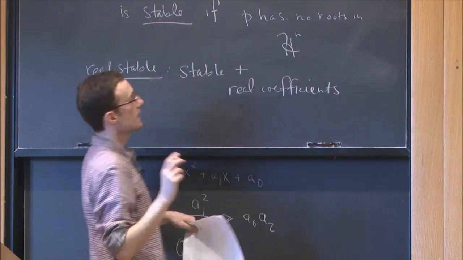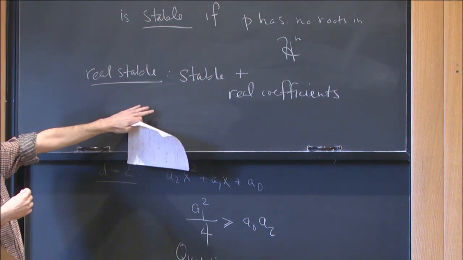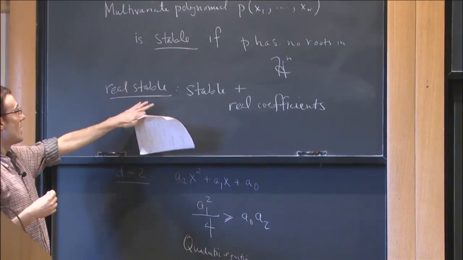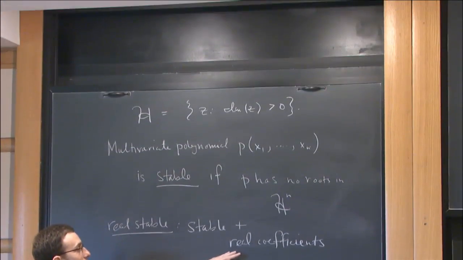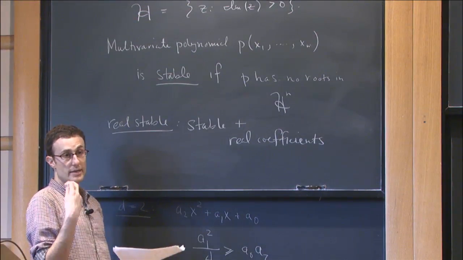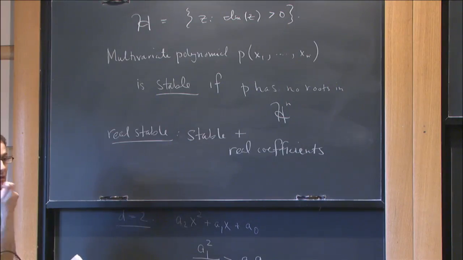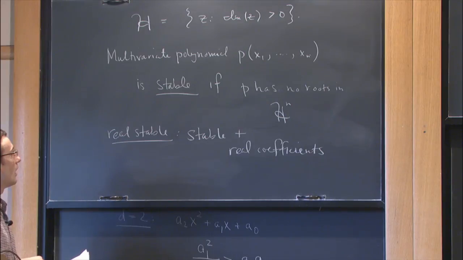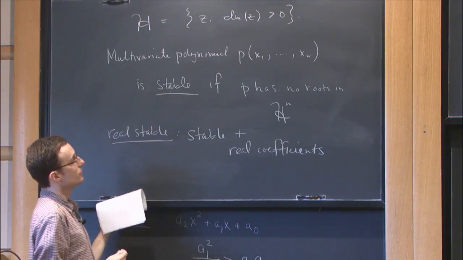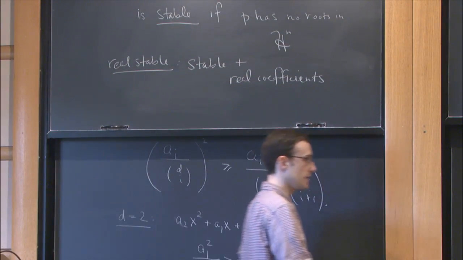So real stability is actually a generalization of real rootedness, because if you have a univariate polynomial that has real coefficients and is not real rooted, then it has complex roots, but the roots come in conjugate pairs. So in particular, if it has complex roots, it has to have a root in the upper half plane. And this is the way that we can generalize the idea of real rootedness.